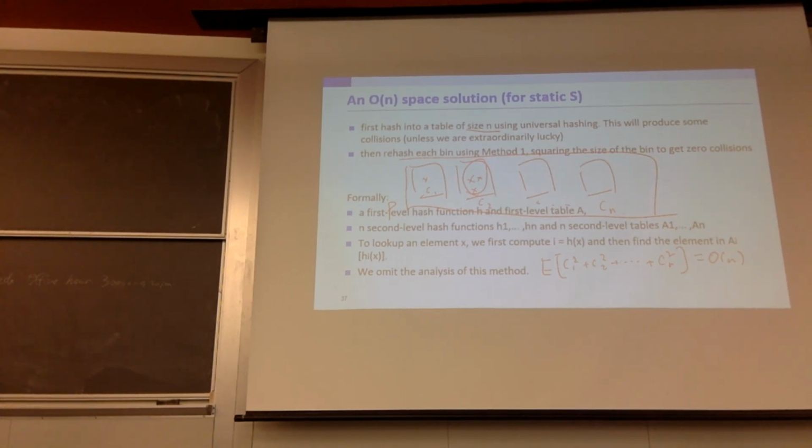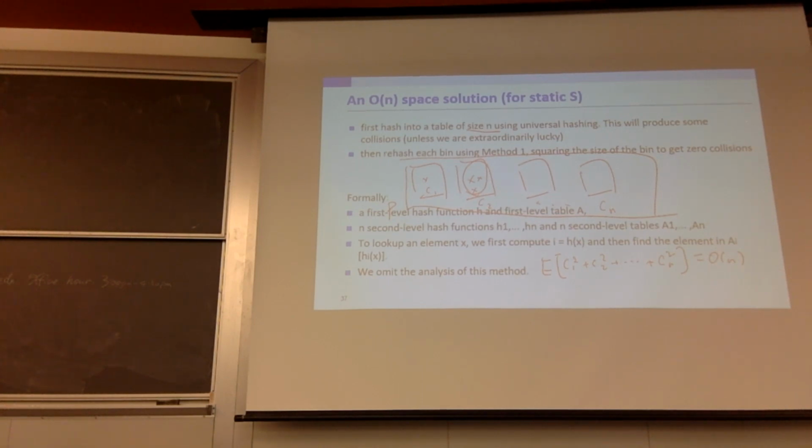But if that table is n, then don't you still have n squared space? No, actually, this is the claim here. Suppose each of your bucket sizes is C1, C2, until Cn. Then the number of buckets in one particular bucket in the first level is going to be ci squared.